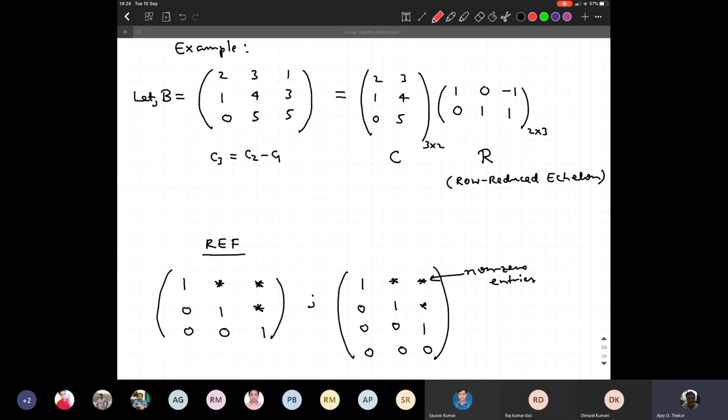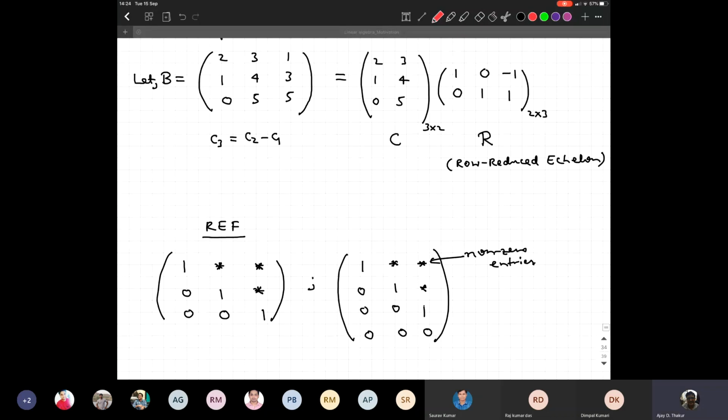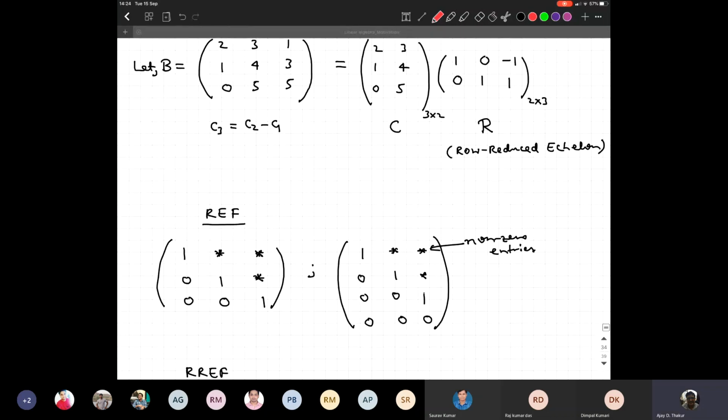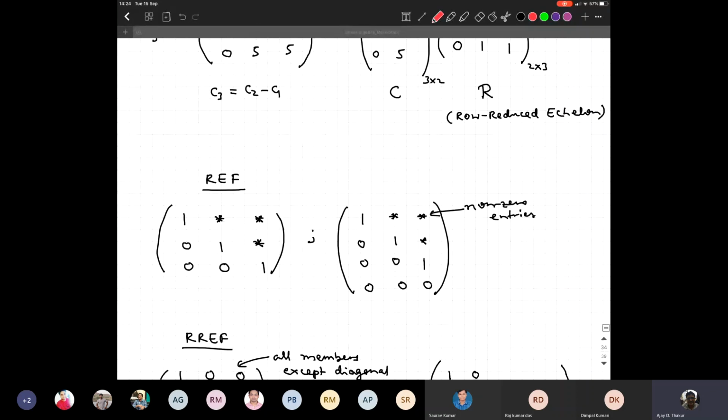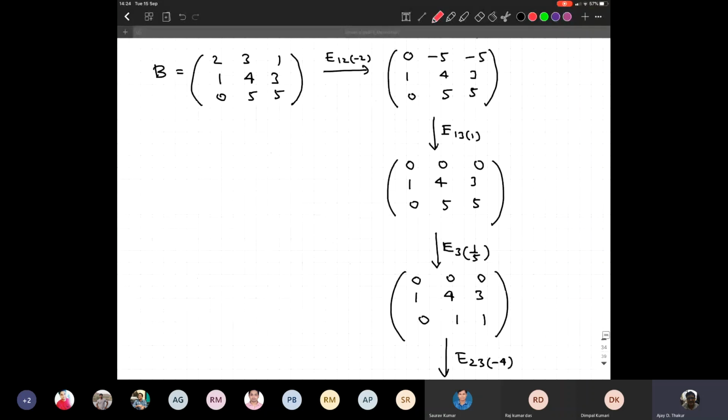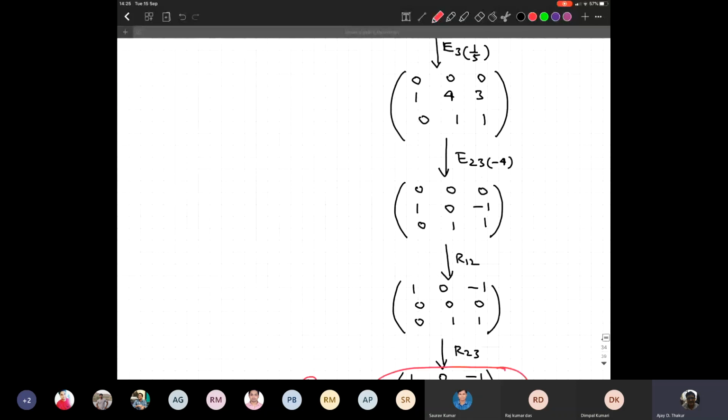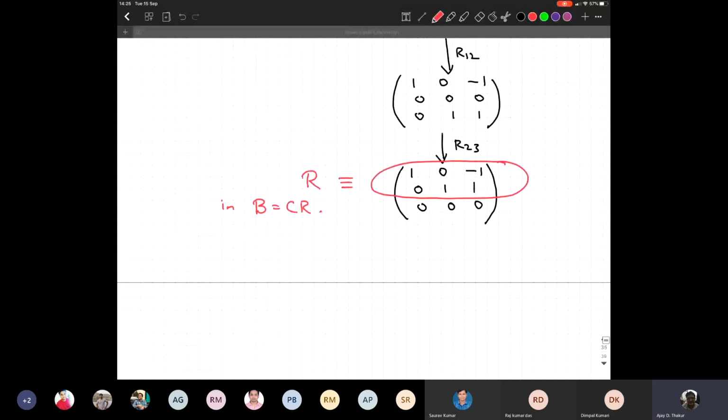So you can write down the column matrix and multiply it with the row echelon form of the matrix itself, and that's how you will get this version, which is going to be the C times R matrix. So that's another decomposition which we have seen, and it's also useful many a time.